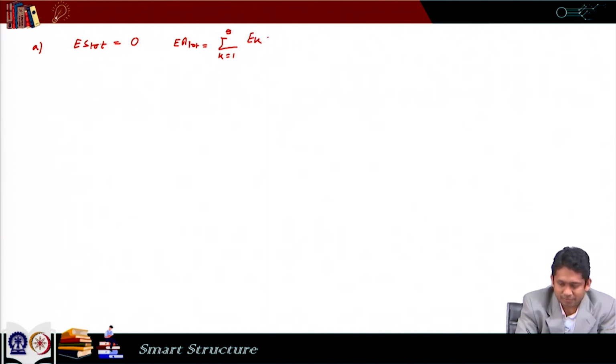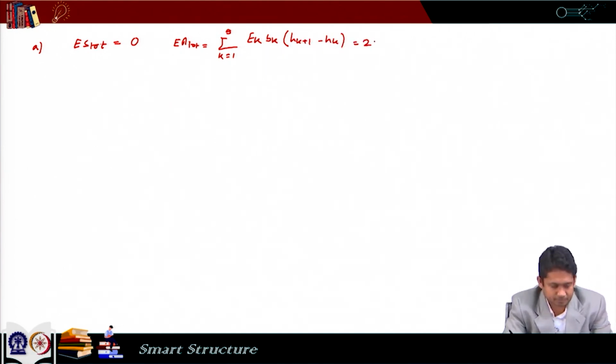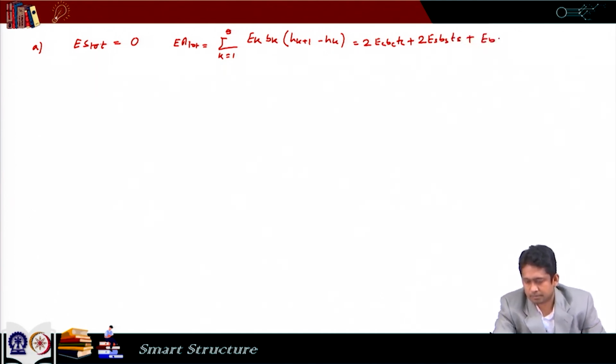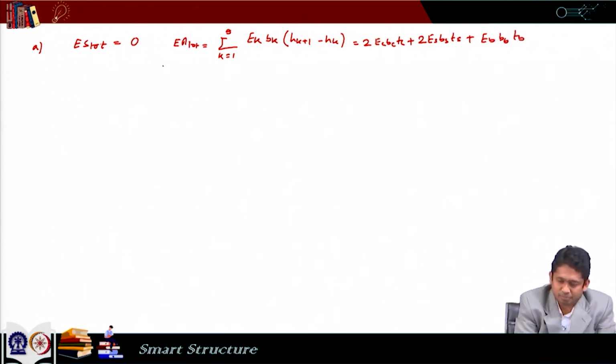So, the formula that we discussed was this, and finally, that leads to this expression. And then we put the numbers. If we put the numbers, then we get this.